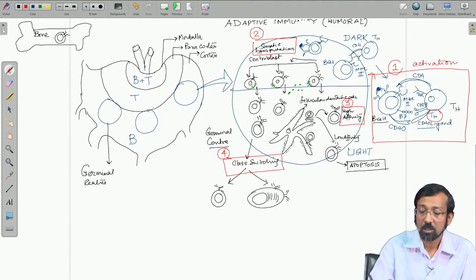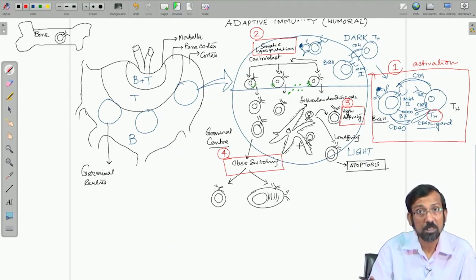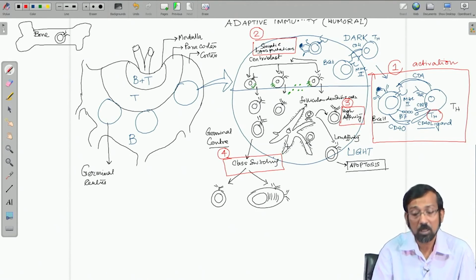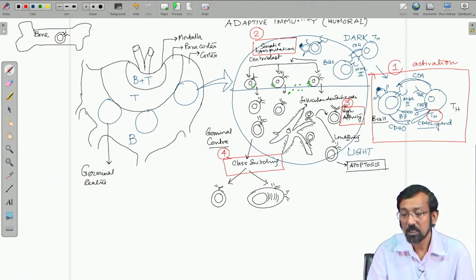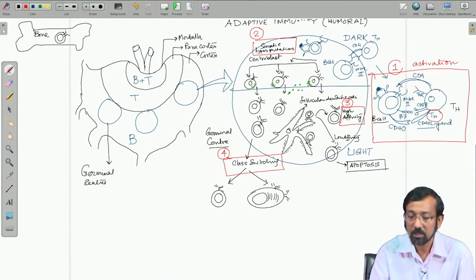Inside the light zone, you have these follicular dendritic cells waiting for the B cells, or the centrocytes, to come. So, now they are the centrocytes, and these centrocytes which express the high affinity antibodies are selected by the follicular dendritic cells.